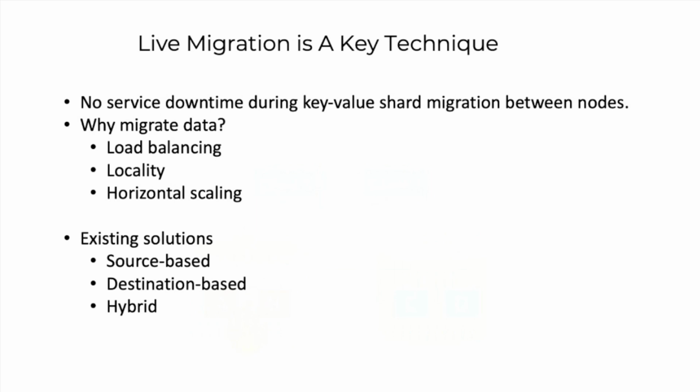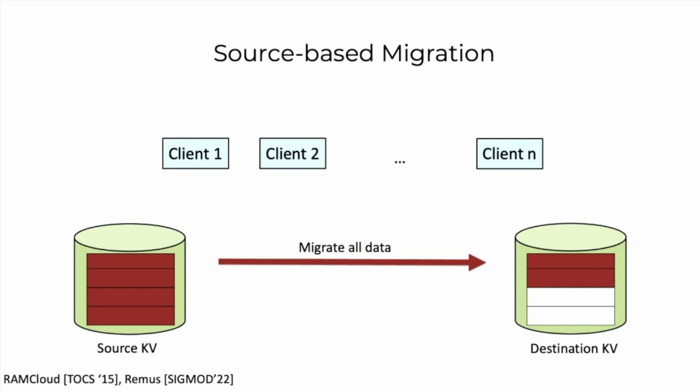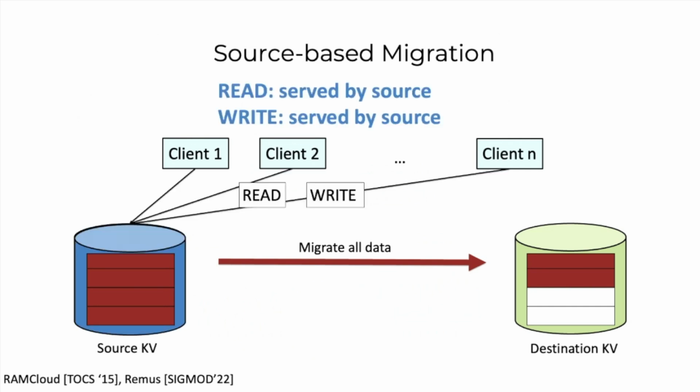Existing solutions of live migration of key value stores can be divided into three categories: source-based migration, destination-based one, and hybrid one. Source-based migration uses the source node only to serve both read and write requests to key value pairs.